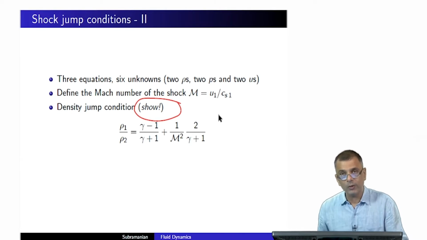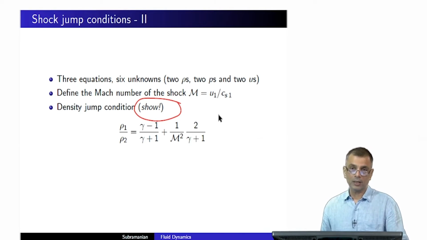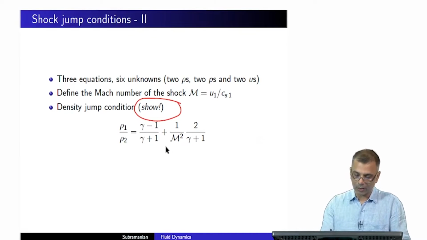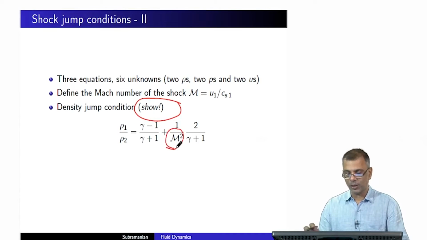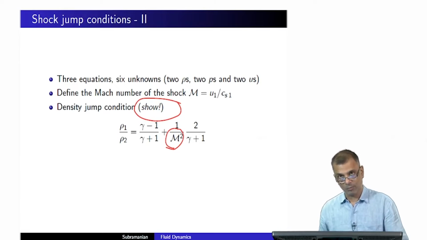So as far as the fluid is concerned, what is the quantity that characterizes the fluid flow? There's only one quantity, and that is the Mach number. It's the only thing that appears in the jump condition, and it is inversely related to the Mach number. So the larger the Mach number, the smaller the density jump, right?